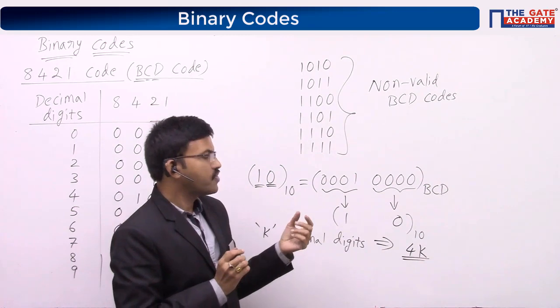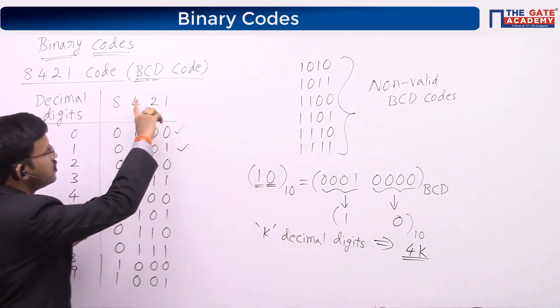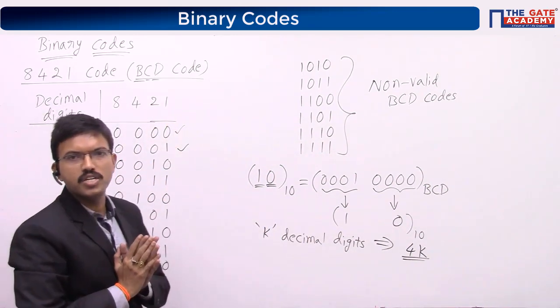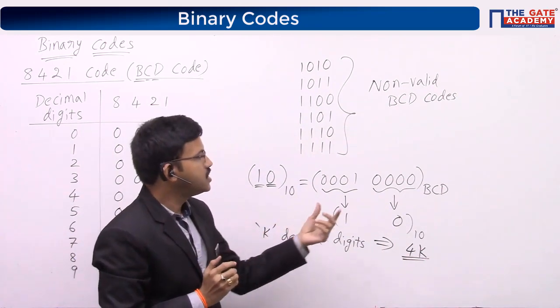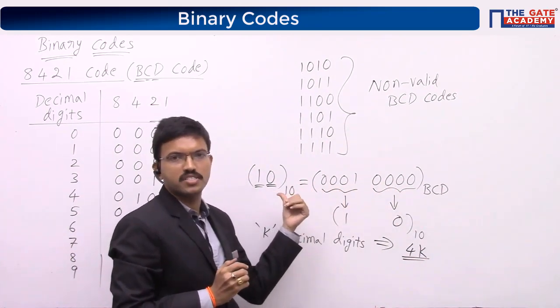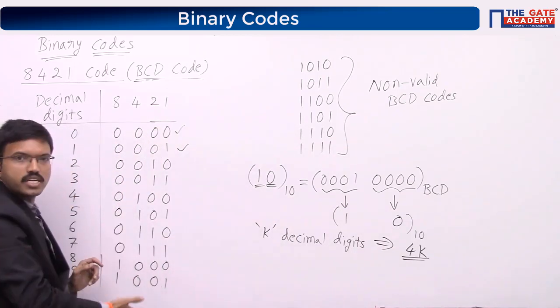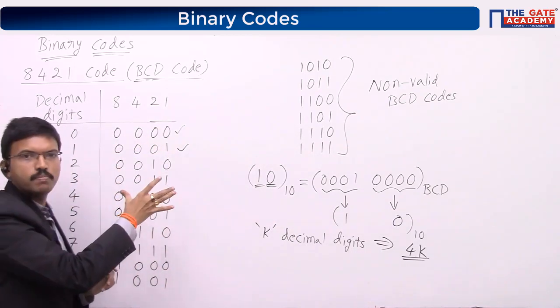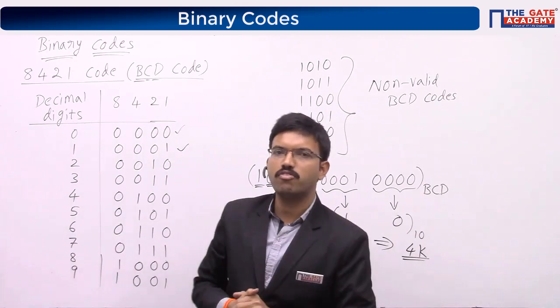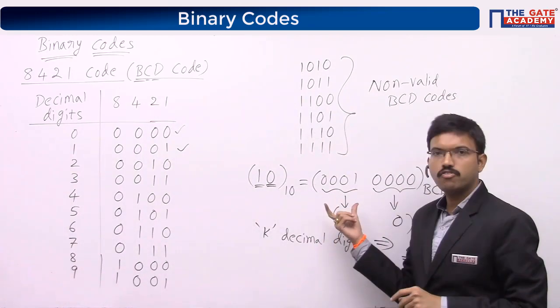But with BCD code, just by grouping 4 bits, you get the corresponding decimal digits. We are familiar with the 4-bit case; just by looking at a 4-bit number, we can write the equivalent value. So this is the advantage.